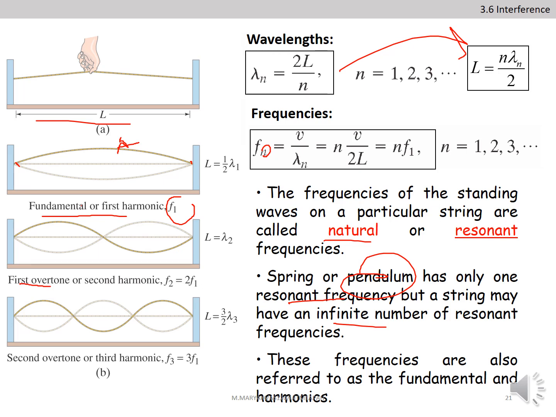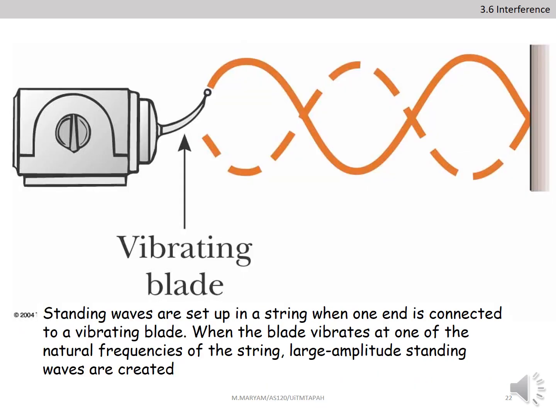We call this the first overtone or second harmonic, f2, which is equal to 2 times f1. And the second overtone or third harmonic, f3. So this is a vibrating string.